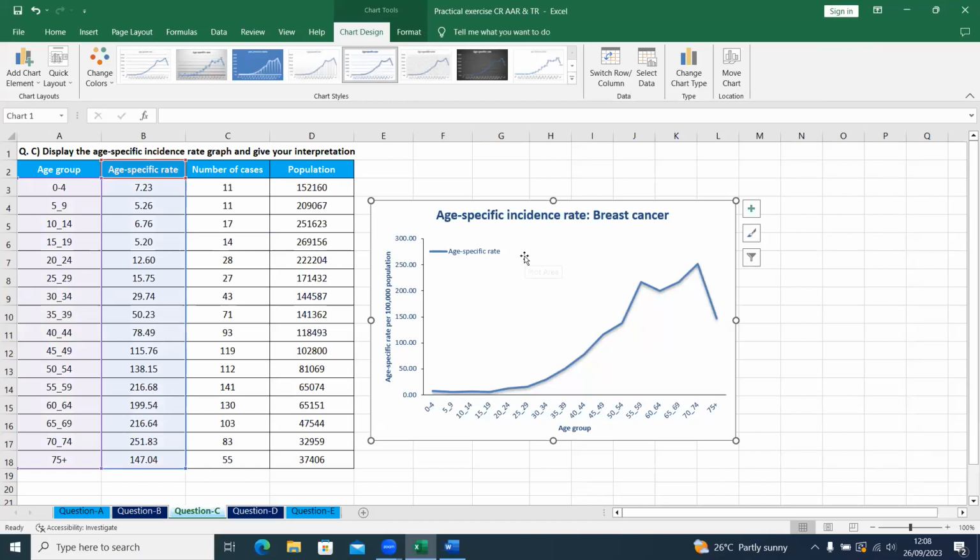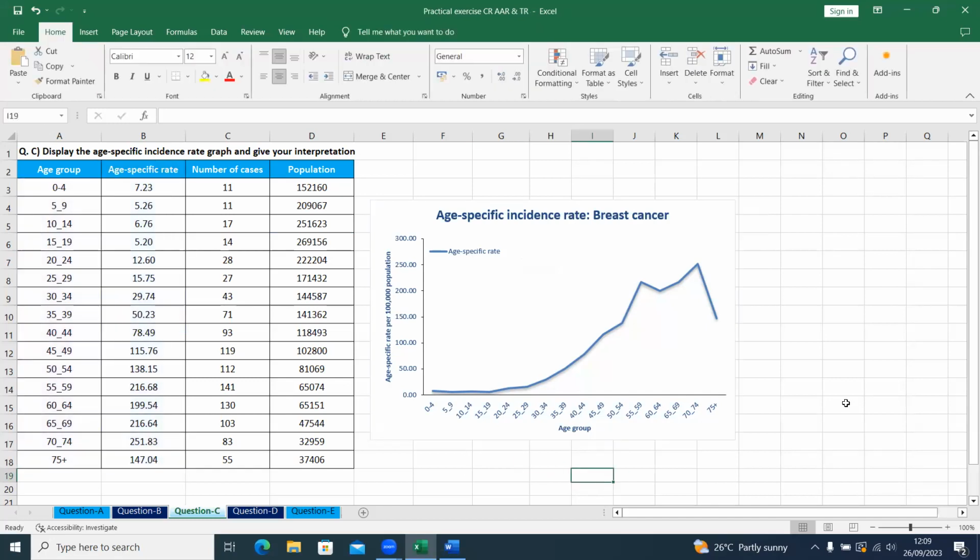So Prabha, my next question is, interpret this graph. Can anyone interpret this graph? What have you observed in this graph? You have shown it to your boss, you went to your PI, the principal investigator of the registry, and the PI has asked you, can you interpret this graph?